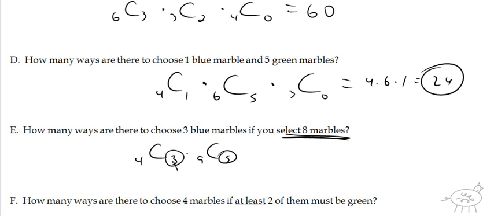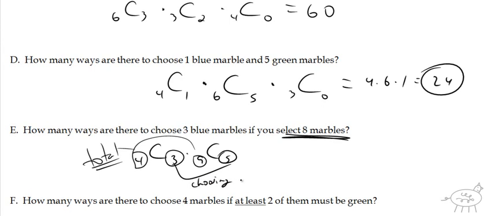These numbers, math fans, have to add up to the number you're choosing. So it's 8, and these 2 here are like a total. Not always, but a lot of times it's total. And this is how many I'm choosing. Okay, the 8. So 4C3 times 9C5 is 4 times 126, which is 504.